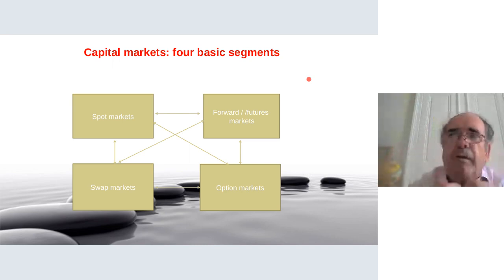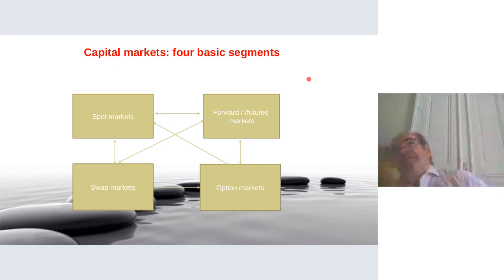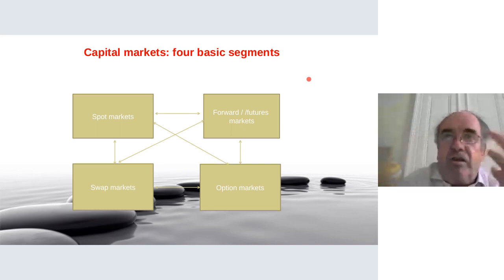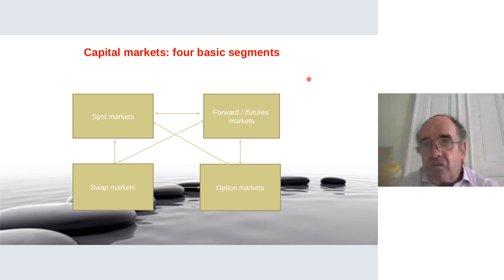And swap is a very huge market, huge in terms of volume traded. A swap is a financial contract. When you make a swap, you make it with an individual counterpart, a bank, for instance. It is a financial contract by which you exchange two different flows with your counterpart.